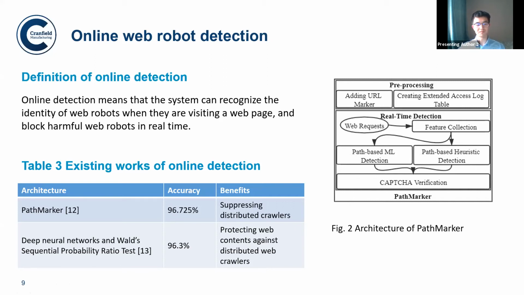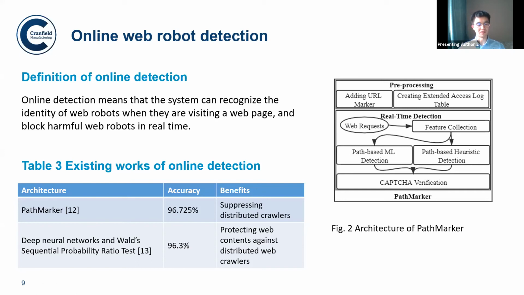Path marker can trace the page that leads to the access to a URL, by adding a marker to the URL and identifying the user who clicks this URL using the extended log table. This seems to be a more effective method, but even so, with the development of machine learning technology, some crawlers can also pass captcha verification.